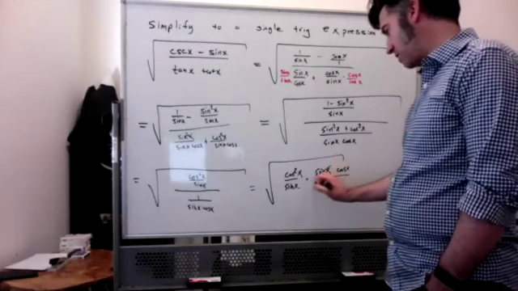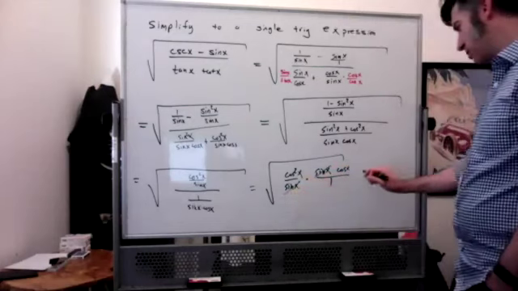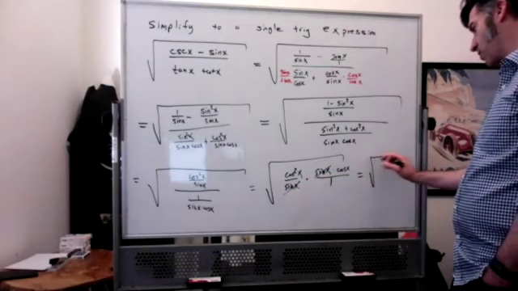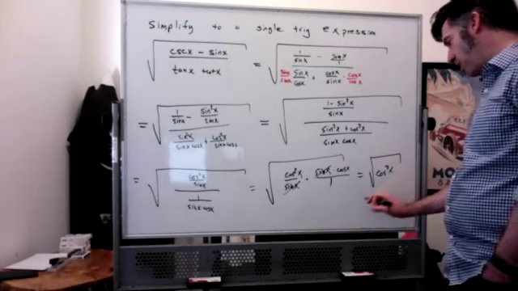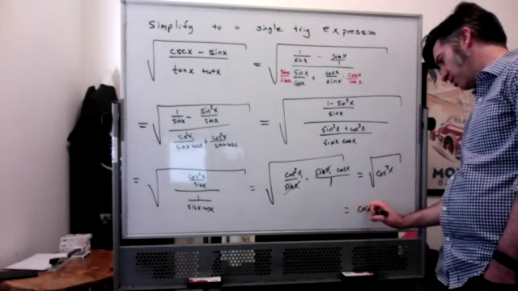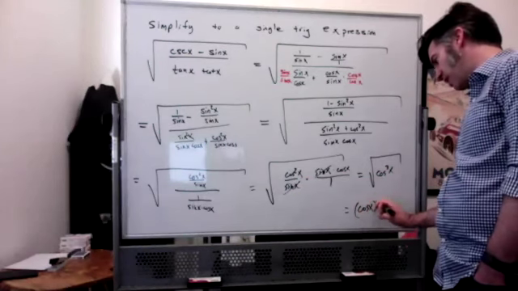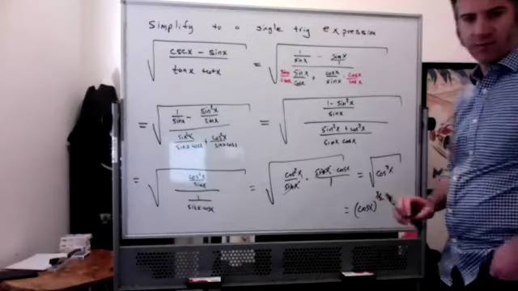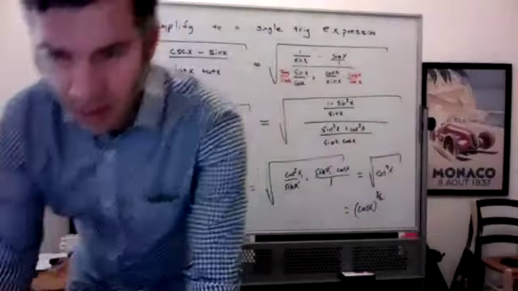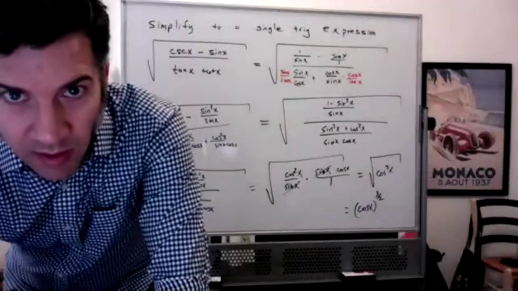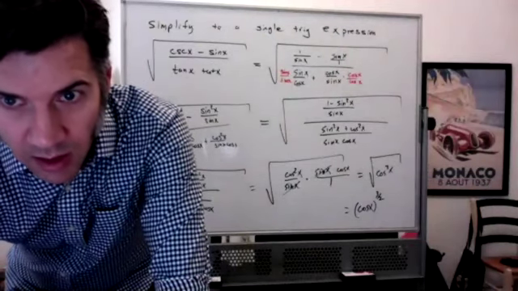I can cancel a sine here and a sine here. So I end up with the square root of cosine cubed x, or you can write this as cosine of x to the 3/2 power. It's a little weird. Let me take a look at one thing just to see.